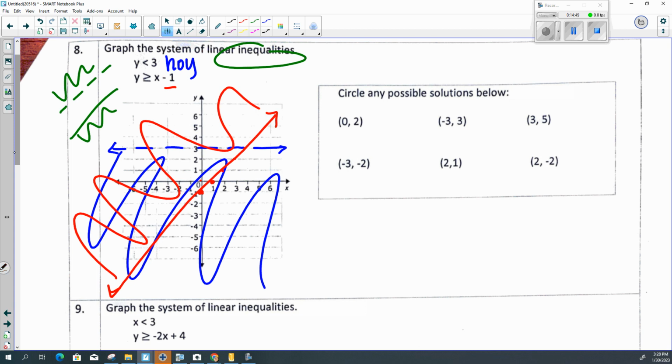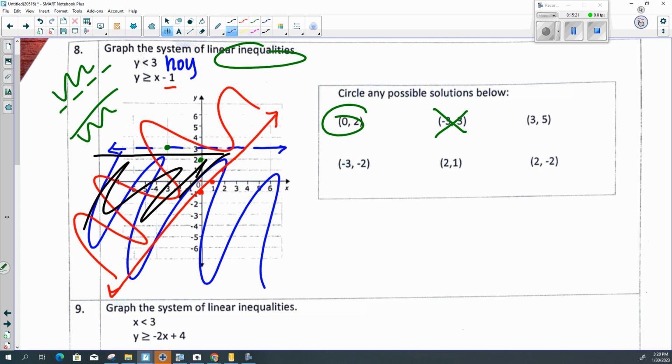Okay, so this is the piece that I'm looking at here. All right, so which ones are the possible solutions? I should probably pick a crazy color. So over 0, up 2. Yep, that is in the colored in part. -3, 3 is here. That's on the dashed line, so it will not be a solution.